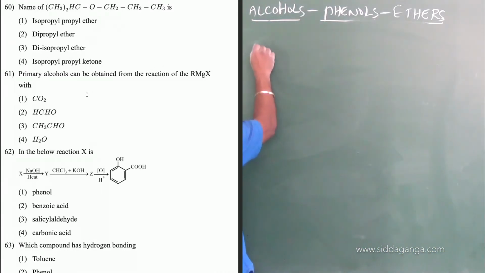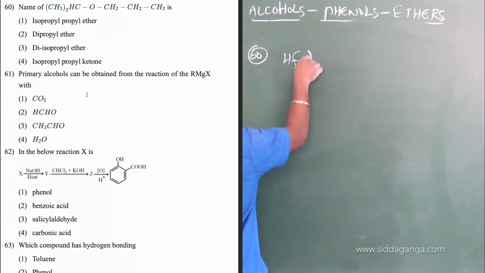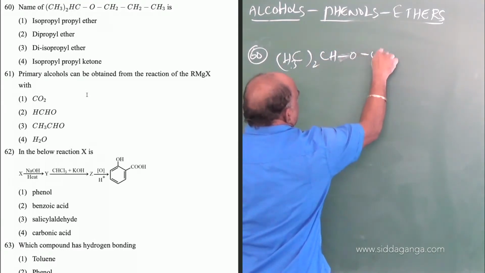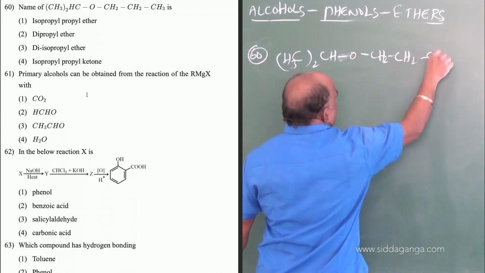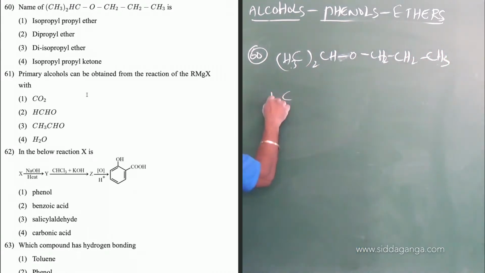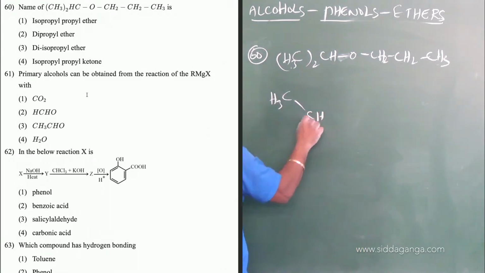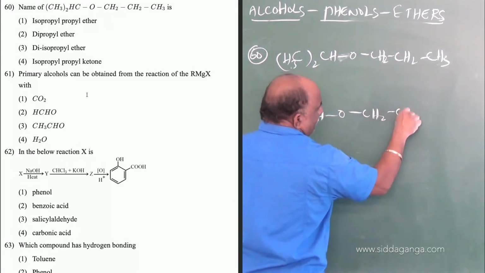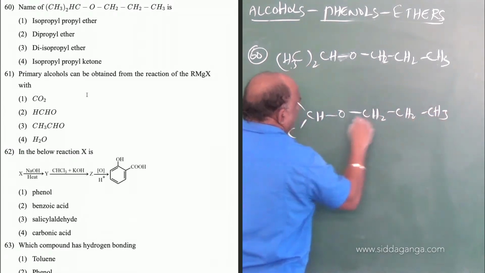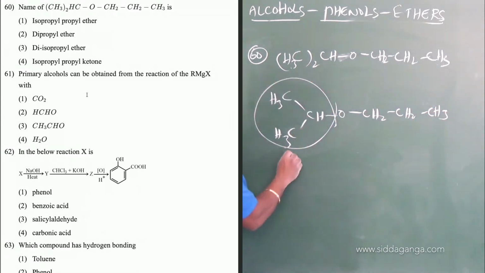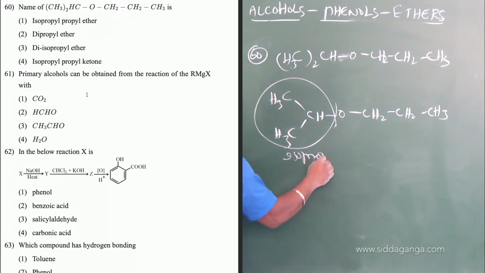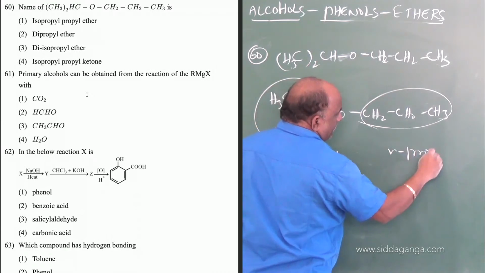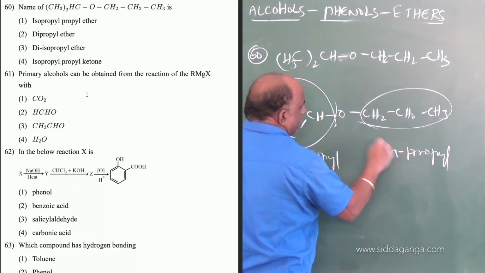We should write it like this: CH3CH(CH3)OCH2CH2CH3. Already you know this is the isopropyl group, and this is the n-propyl group, and this one is ether.